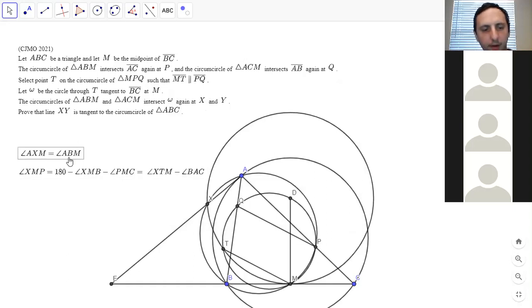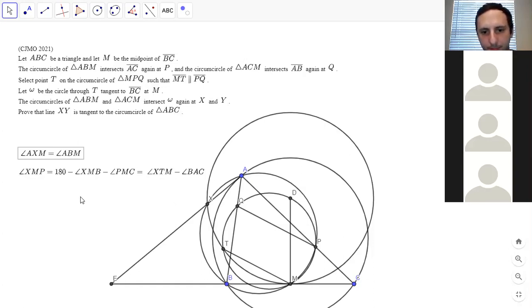PMC is angle BAC. I think that's right. So we want to show these two are equal. XTM is 180 minus, oh yeah. That sounds like a good idea.